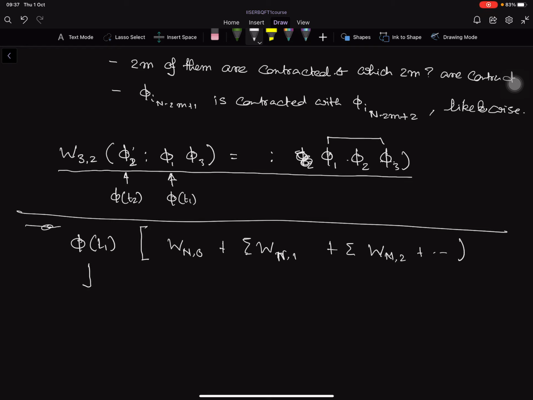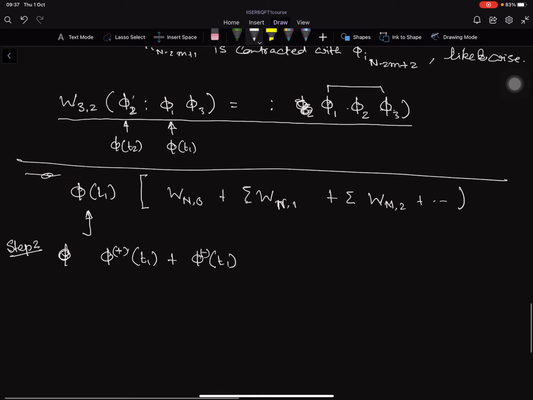Now the second step is that we write phi t1 in terms of phi plus t1 plus phi minus t1. When we put it back, phi plus t1 multiplying this is already normal ordered.